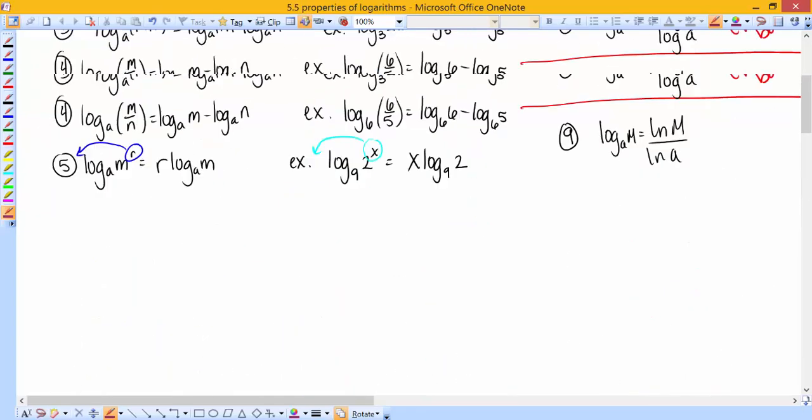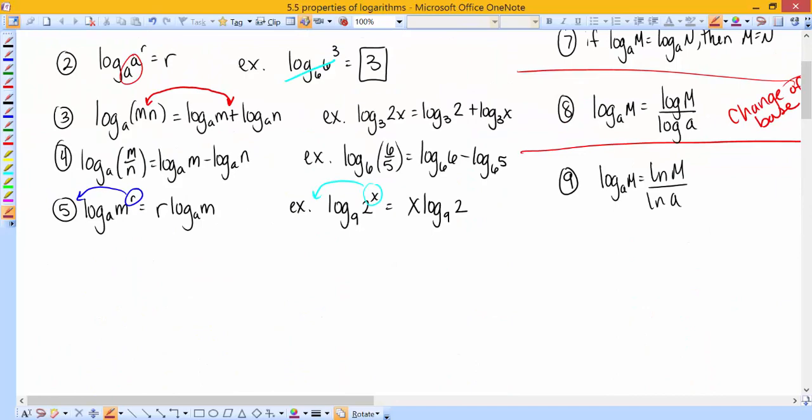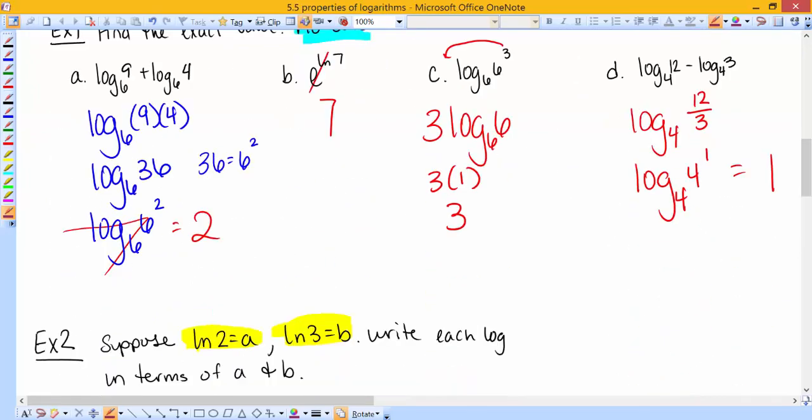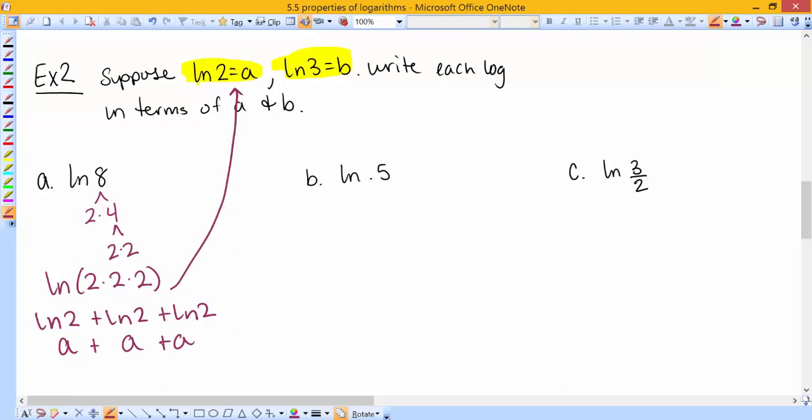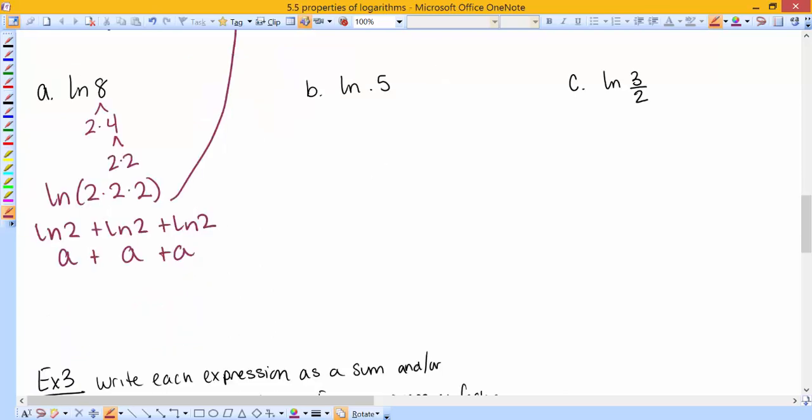Property 3, I believe it is, says multiplication becomes addition. So I need to separate these. So this is the natural log of 2 plus the natural log of 2 plus the natural log of 2, which is A plus A plus A. I'm getting that from right there in case you're lost. And A plus A plus A is 3A.